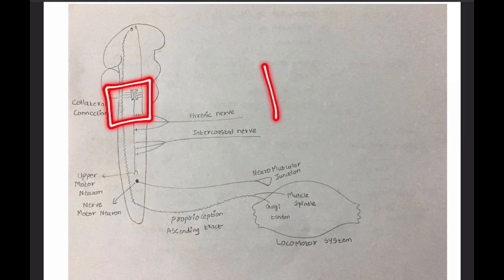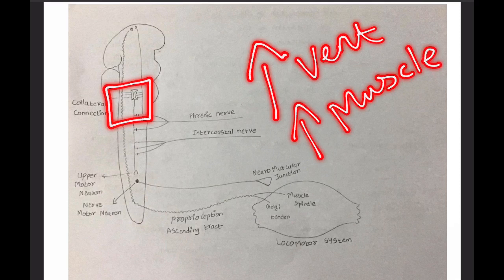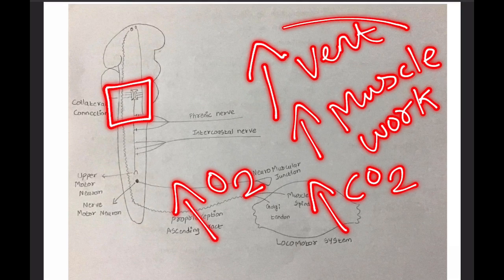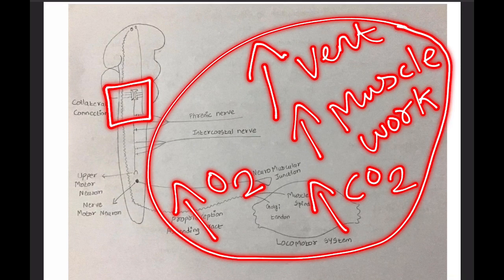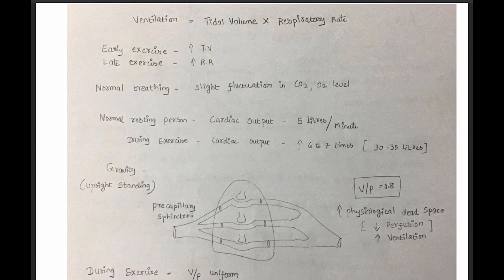It will maintain the increased ventilation and increased muscle work and increased production of carbon dioxide and increased consumption of oxygen, all in a balanced state. So the nervous system plays an important role in respiration during exercise. In exercise, there is increased ventilation.